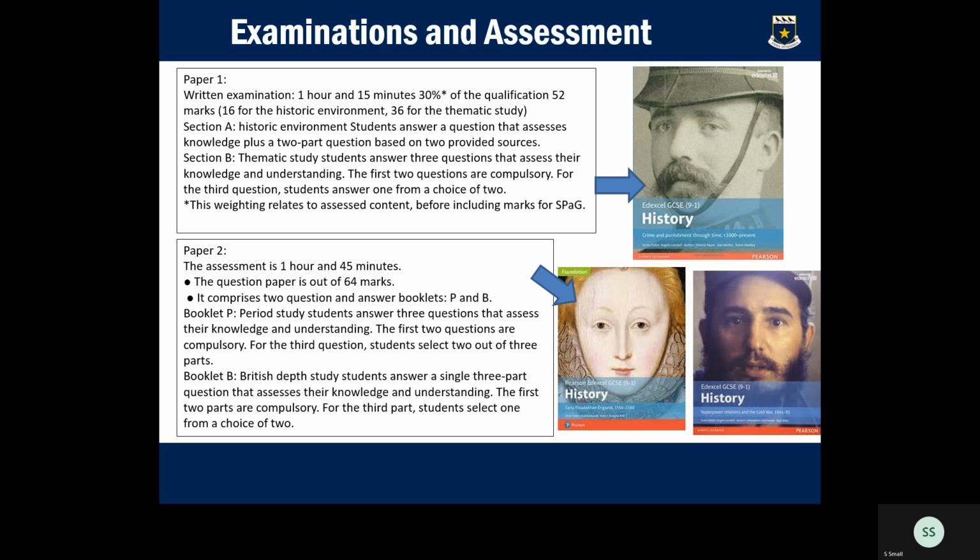For the examinations and assessment, your thematic study, which is the crime and punishment study, is 1 hour and 15 minutes. This is 30% of your qualification. The first part, section A, like I said before, is based on the historical environment, which is policing Whitechapel. You'll be provided the primary sources that you then have to evaluate yourself.